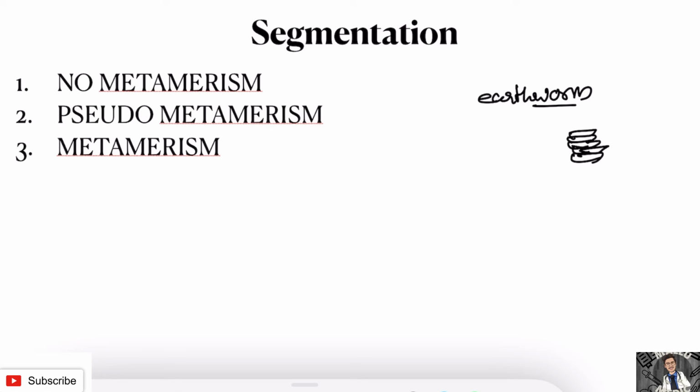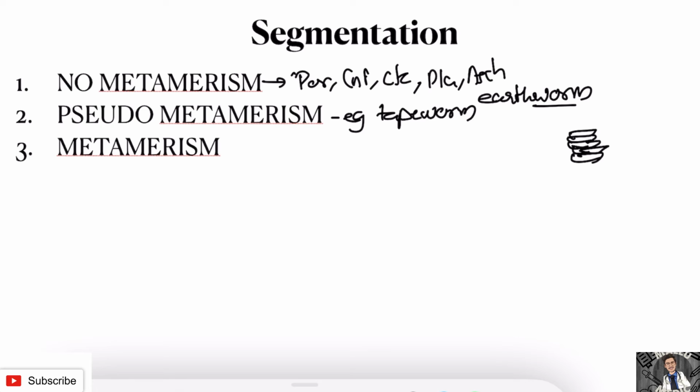So, the phyla which fall in no metamerism are almost all the phyla: Porifera, Cnidaria, Ctenophora, Platyhelminth, Aschelminth, everyone just falls in no metamerism. Then the phylum which shows pseudometamerism, you can give an example of tapeworm. Tapeworm shows pseudometamerism. And which shows metamerism, we have Annelida.